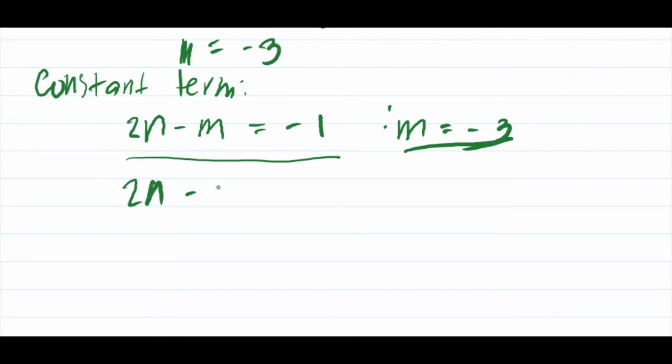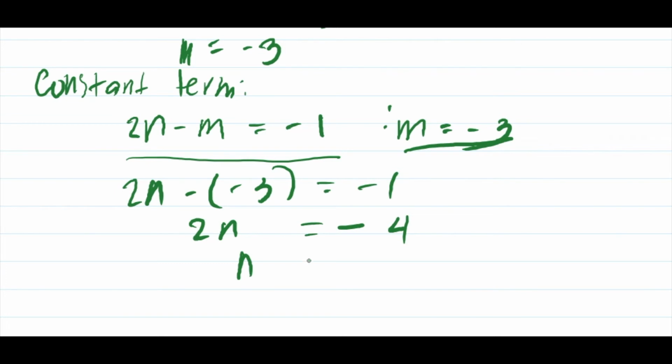So 2n minus 3 is equal to negative 1. Negative times negative 3 is positive 3. Transposing, negative 1 minus 3 is equal to negative 4. Divide both sides by 2, so n is equal to negative 2.